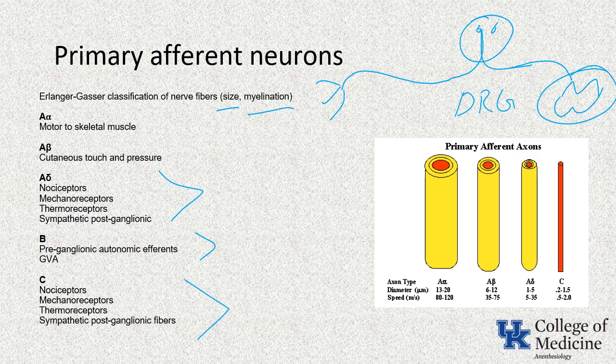A delta are going to be lightly myelinated, larger neurons, and C fibers are going to be unmyelinated neurons, and these are the type of fibers and neurons that transmit pain. B fibers are lightly myelinated neurons, and these are what's thought to transmit visceral related pain.